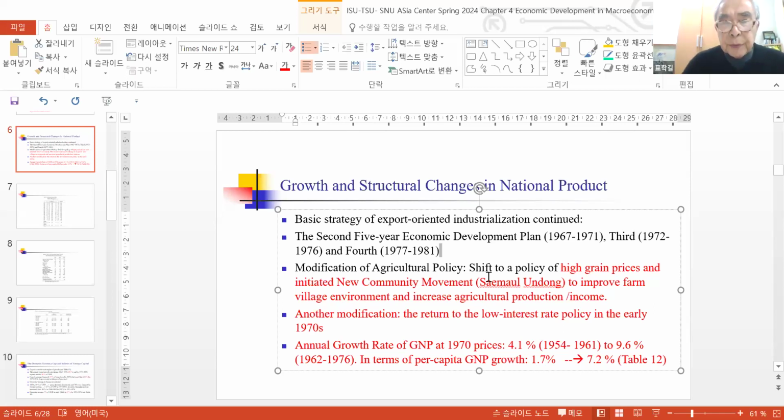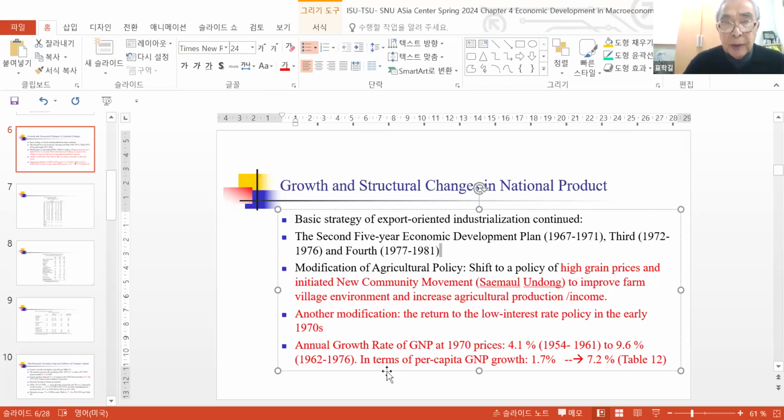Another modification is the return to the low interest rate policy in the early 1970s. Annual growth rate of GNP at 1970 prices, real GDP, GNP. Look, the 1954 to 1961 period, we call the war reconstruction period: 4.1% growth rate.